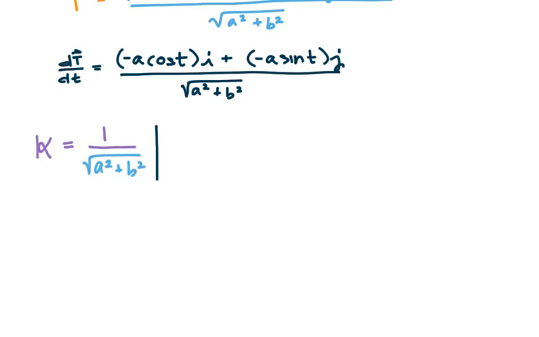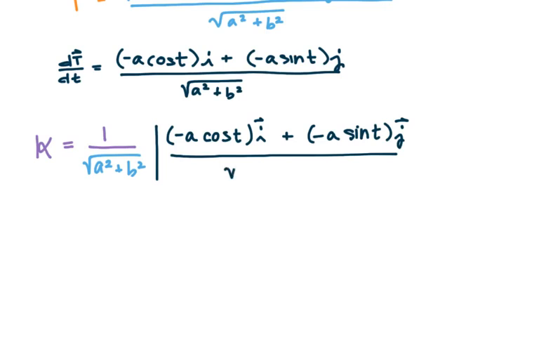So we've got the magnitude of negative a cosine t i plus negative a sine t j divided by the square root of a squared plus b squared.